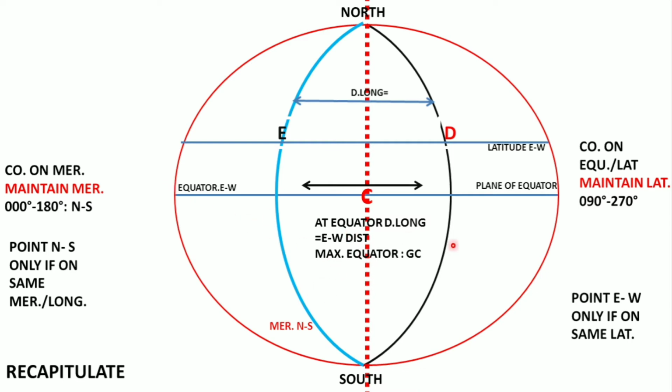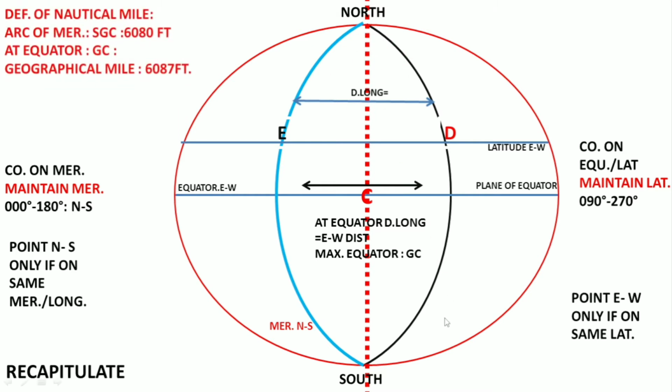And this is the greatest circle, so the east-west distance along the equator has to be maximum, whereas the east-west distance would reduce as you keep on going further up towards the pole. By the definition of the nautical mile, which is the arc of a semi-great circle, the equator is a great circle. So you can convert the d long of 2 points on the equator to distances also.